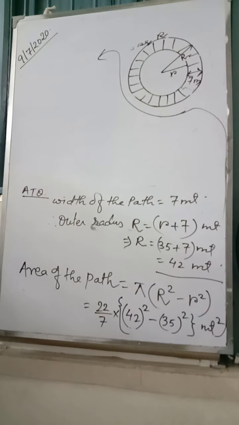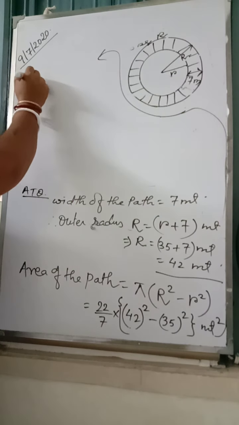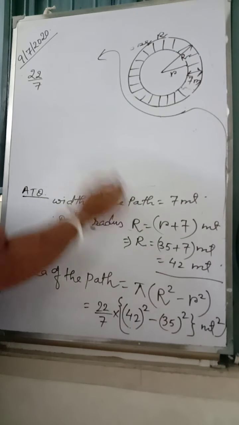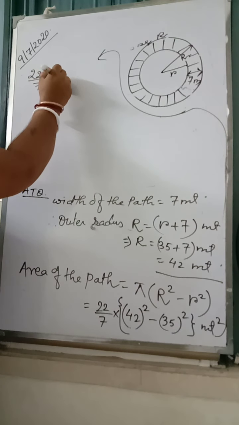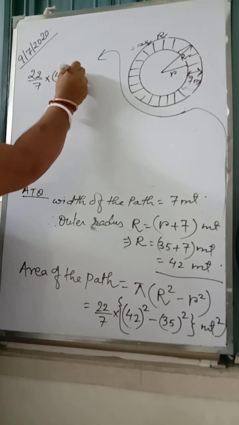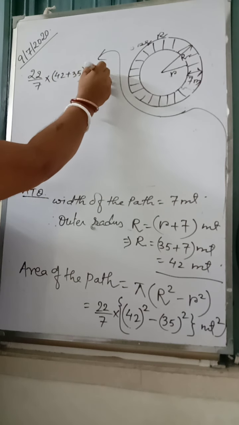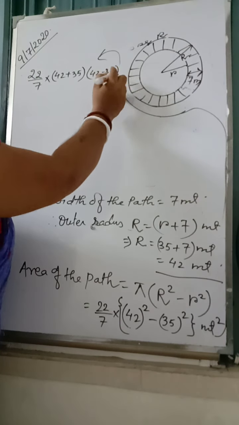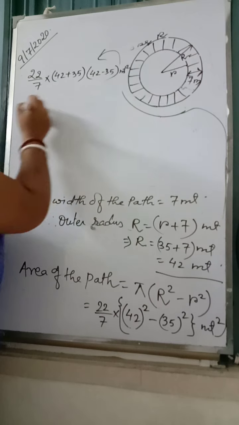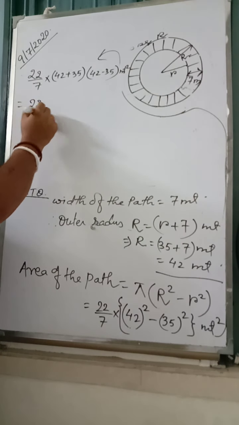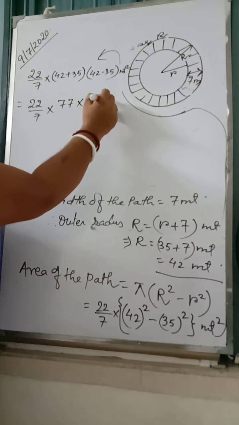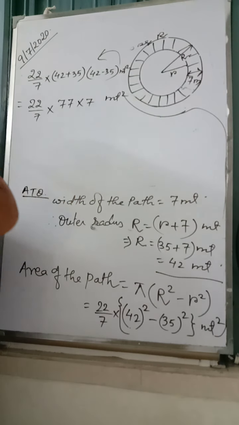So 22 by 7, a square minus b square could be written as 42 plus 35 into 42 minus 35. In this way, we can solve our problem more easily. Meter square. It gives you 22 by 7 into 77 into 7 meter square.